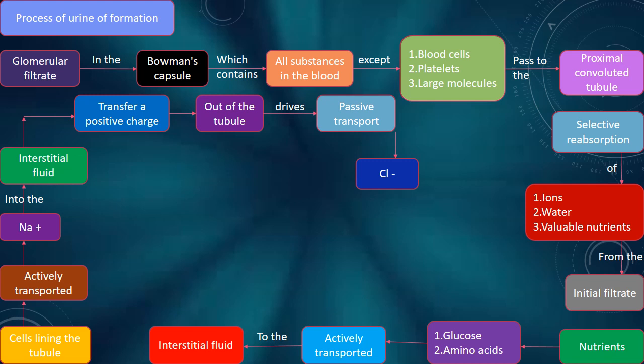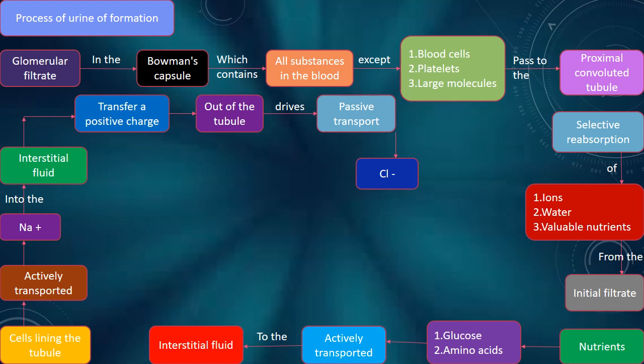Selective reabsorption of ions, water, and valuable nutrients from the initial filtrate. Nutrients, glucose and amino acids, are actively transported to the interstitial fluid. Cells lining the tubule actively transport the Na+ into the interstitial fluid.